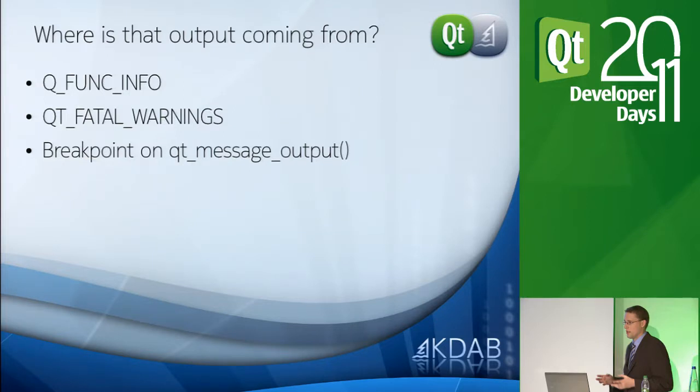There's a macro defined in Qt, Q_FUNC_INFO. If you just add that to the qDebug output, it will show the class name, the method name, and the line number of where that debug output was generated. So you at least find the place in the code where this output is coming from.